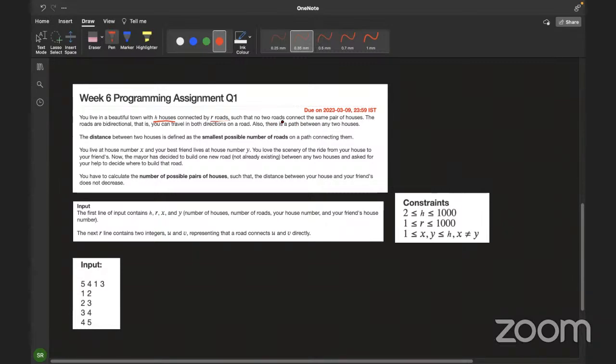The roads are bidirectional, that is, you can travel in both directions on the road. Also, there is a path between any 2 houses. What the statement means is that the whole network of the H houses and R roads is one connected graph.